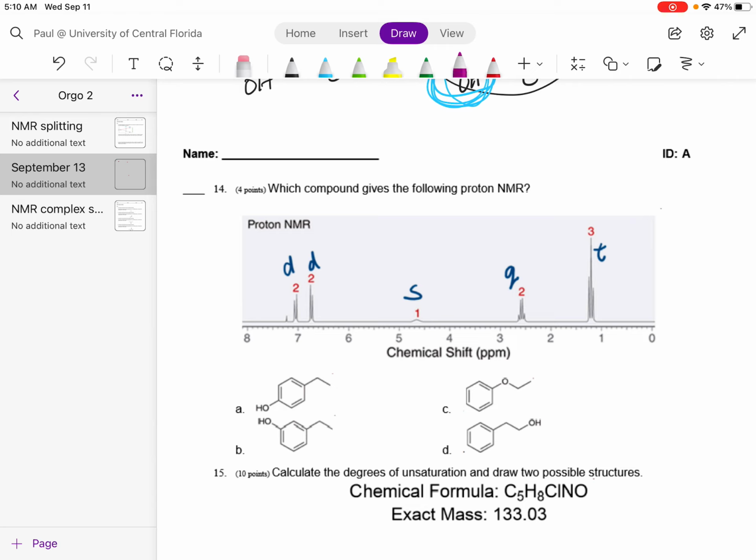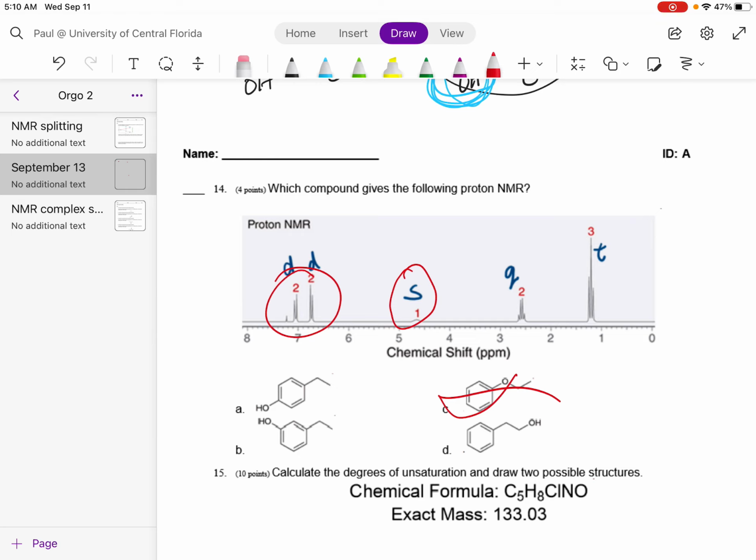What I see right out of the gate is that we have a broad singlet that integrates for 1, most likely a hydrogen attached to an oxygen atom, since those are our answer choices. So I'm going to say answer choice C is off the table because there's no broad singlet in that molecule. That's an ether. So we want to look for some alcohols here. I see some signal in that region right there.